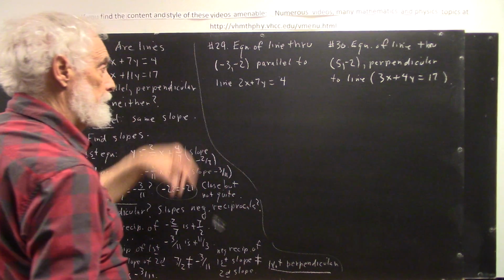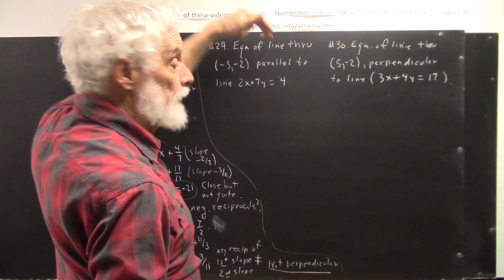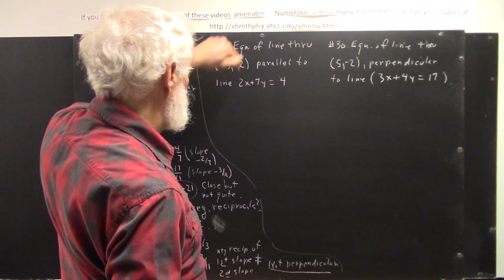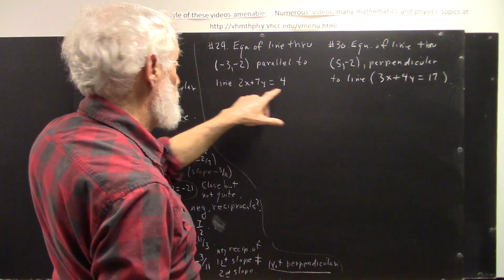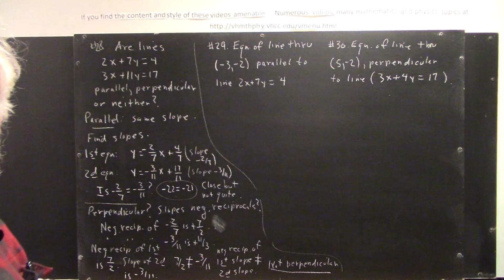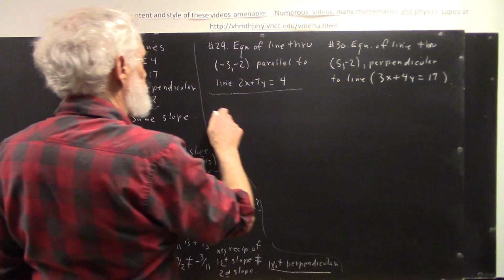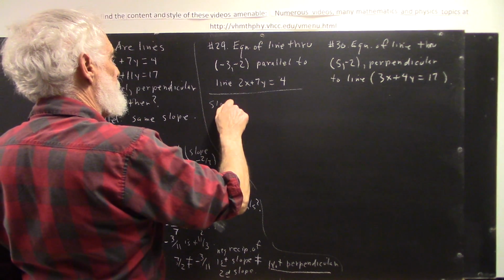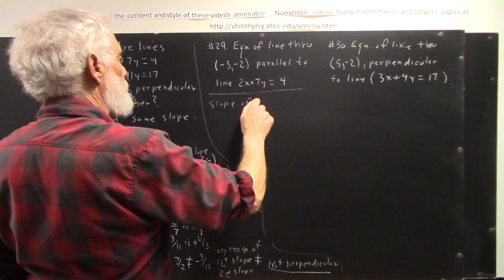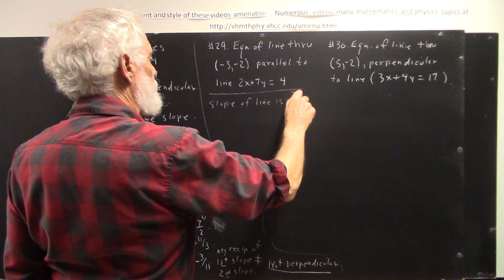Now looking at the example of number 29, we want the equation of a line through the point -3, -2 that's parallel to the line 2x plus 7y equals 4. The slope of this line is -2/7.